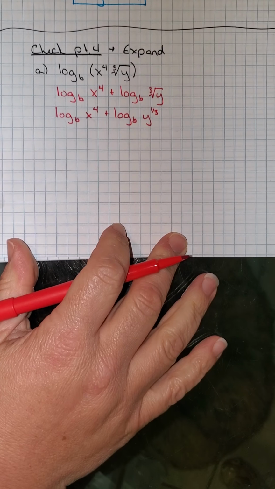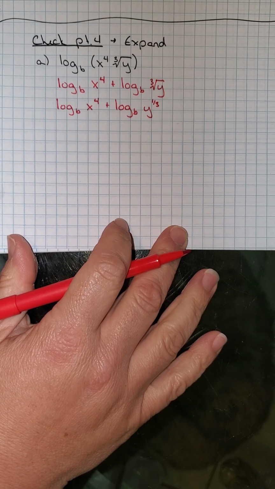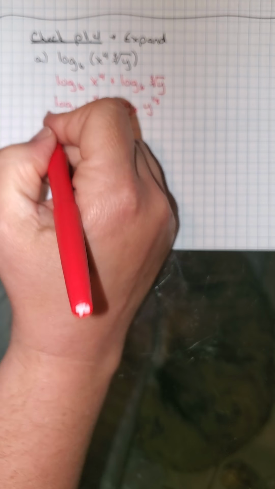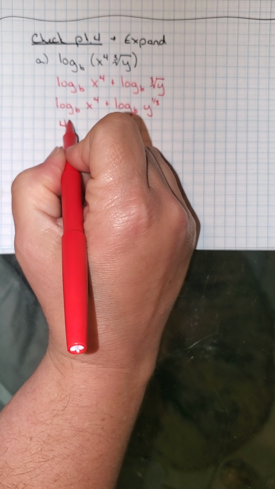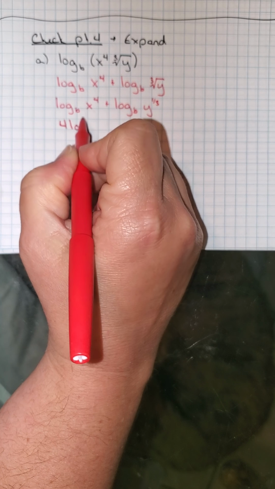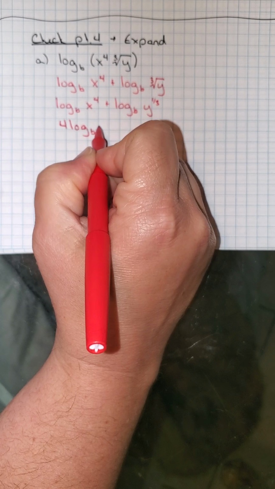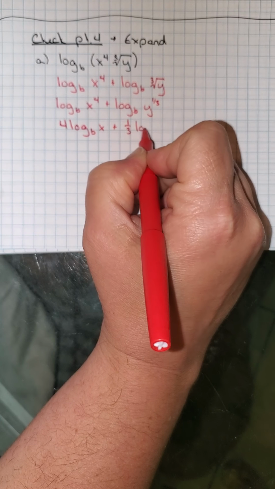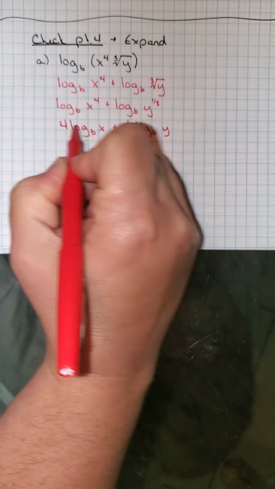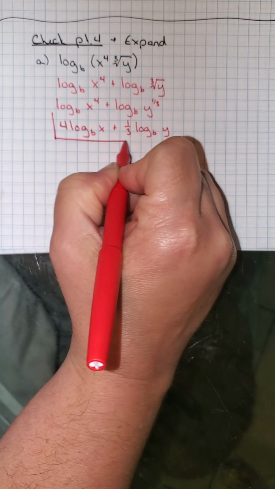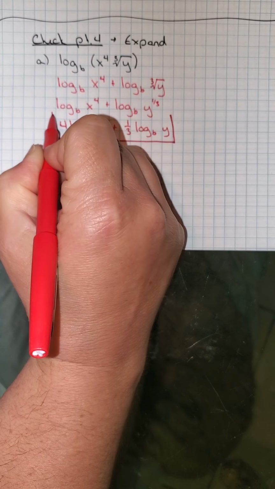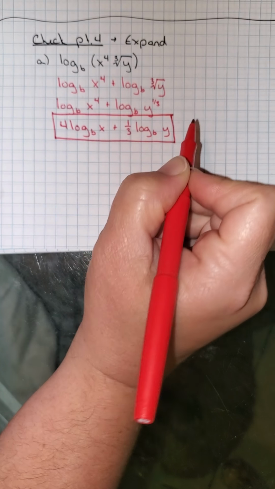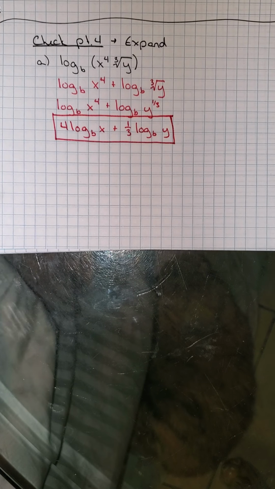Now each of those has a power, so I'm going to just take each of their powers and bring them to the front. So those totally expanded will be 4 times log base b of x plus 1/3 times log base b of y. And that's your answer. That's as expanded as you get.